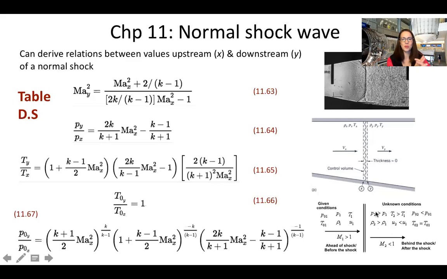It's not an isentropic process. So just to have that intuition, you should understand that a shock is, in analogy with a hydraulic jump, just like we lose energy to dissipation as the flow goes through a hydraulic jump, we have energy loss to dissipation as the flow passes through a shock wave.